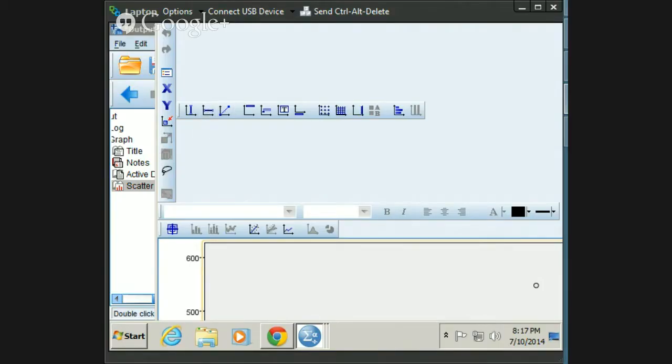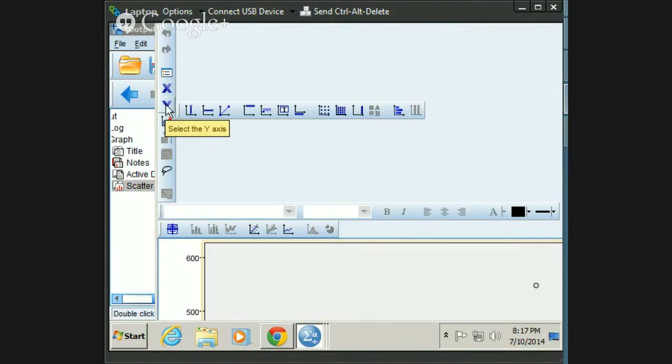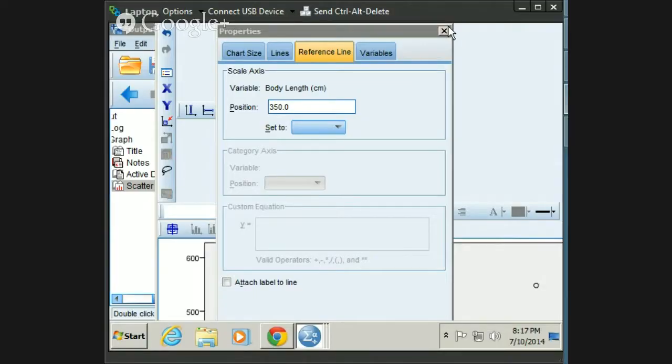I don't know. Oh yeah, that one, the third one in. Add a reference line equation. To the right. The bar, yeah, the bar. No, one more over there. Nope, the diagonal one. Oh, the diagonal one. Yeah, at least it said equation, which is a better sign.